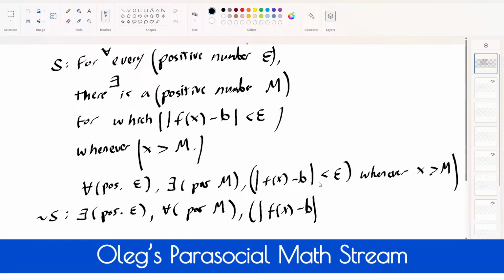So we're going to take the absolute value of f of x minus b, and flip that sign to greater than or equal to epsilon whenever x is less than or equal to m. All right, that's how I'm reading it. So let's find out.